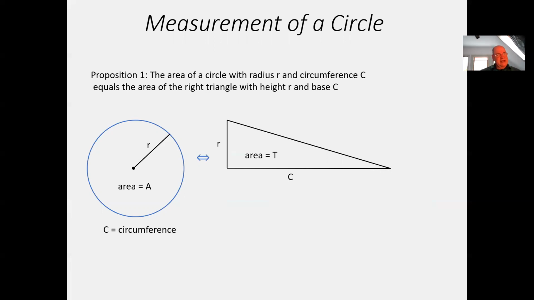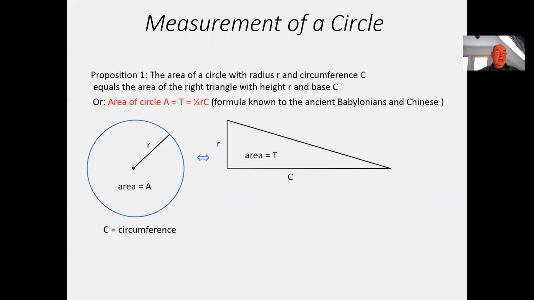He says that the area of the triangle you want to use is: take the circumference and lay it out straight, use that as your base, and use the radius as the height. The area of that triangle, which we know is 1/2 the base times the height, will be the area of this circle.